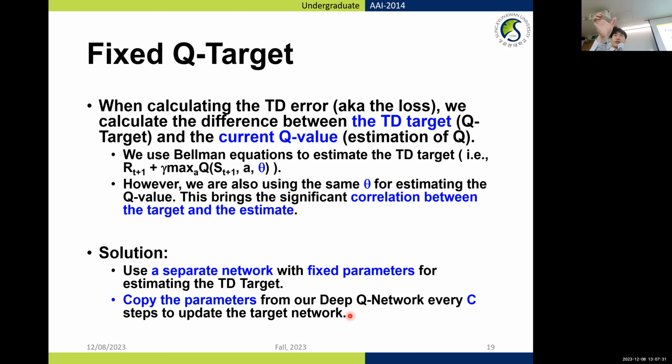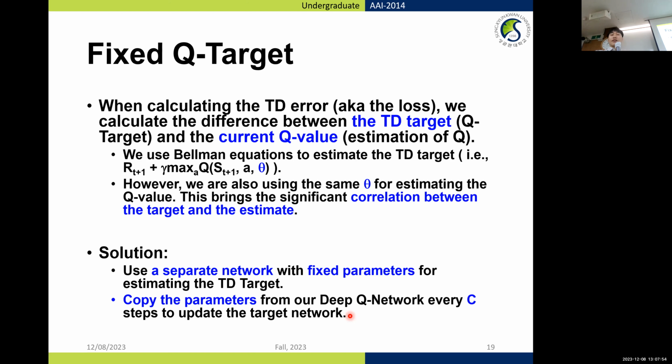The current Q value is estimated based on the previous step or previous experience, right? Actually, it may have some correlation with the current data. So the correlation between the target and the estimate reduces the learning efficiency, okay?